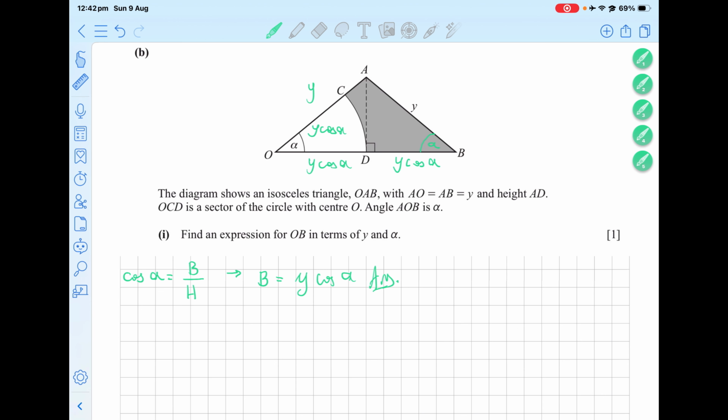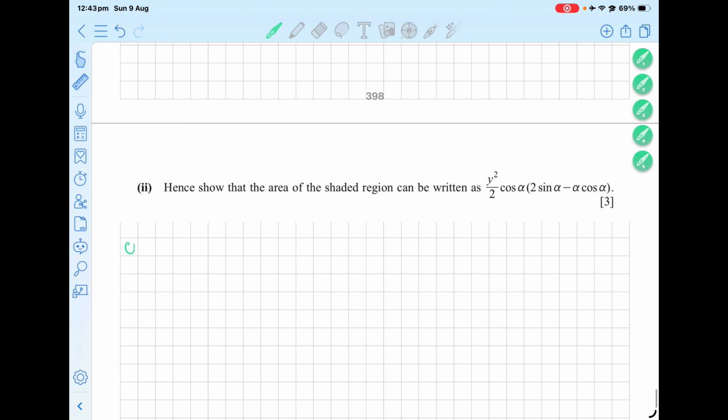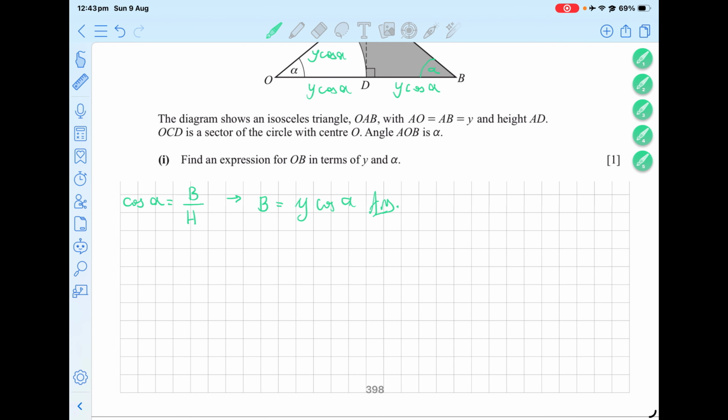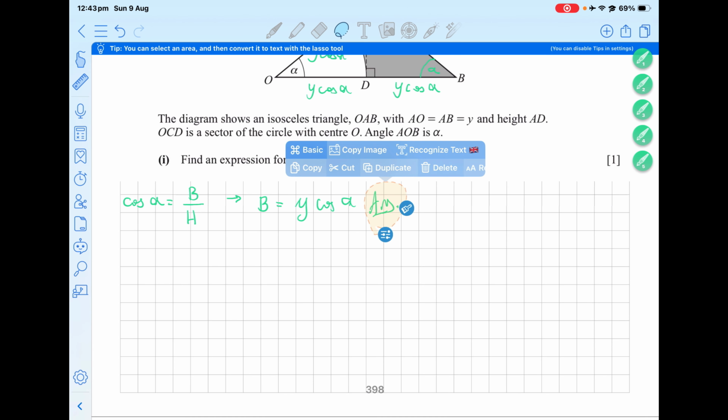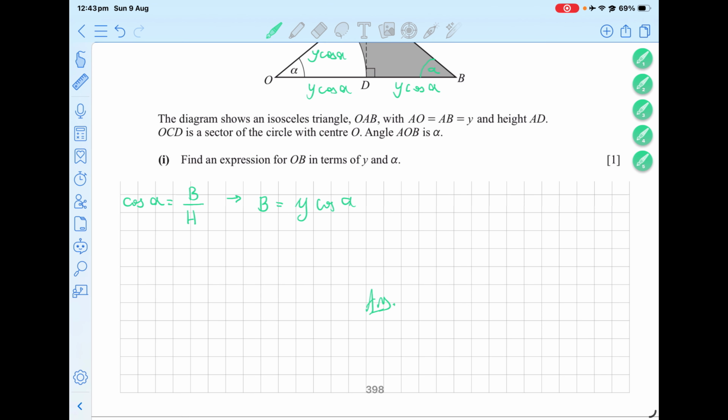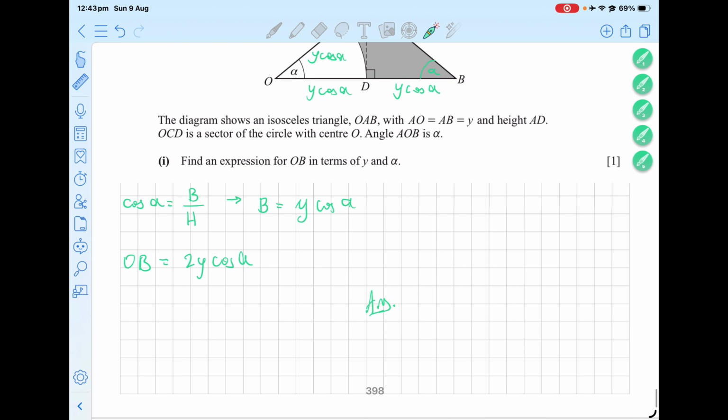So the area of OCD is going to be equal. For OB, since the base is this, I'm going to have to say that OB is equal to 2y cos alpha, because this was this, so this must be this. And you have to sum them up.